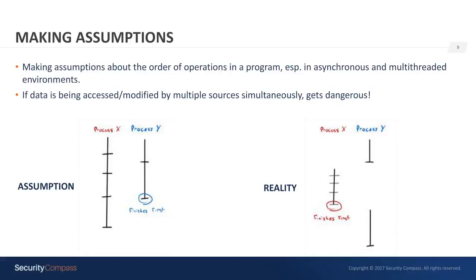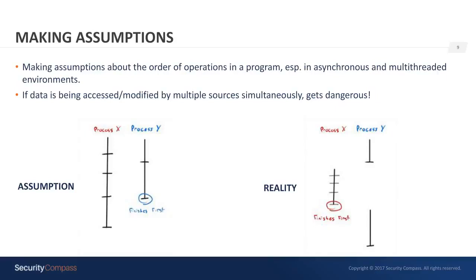The CPU ends up finishing process X completely, not in parts. And guess what? Process X, which was supposed to finish later than process Y, actually finished before it. And then the CPU jumps back and continues with process Y.